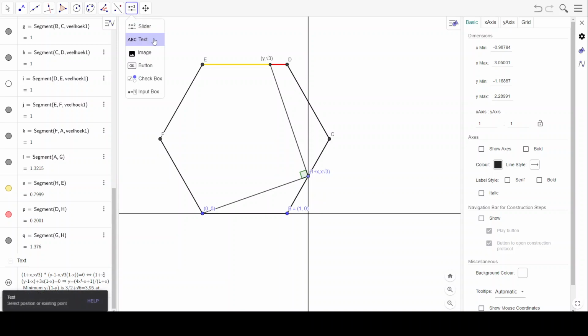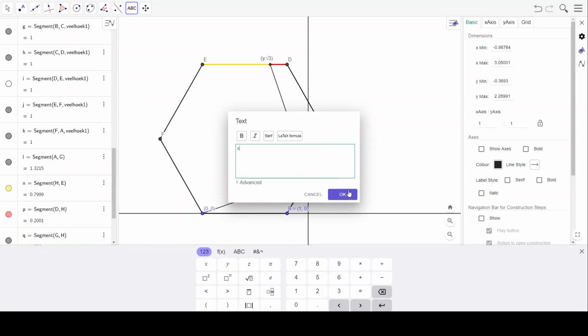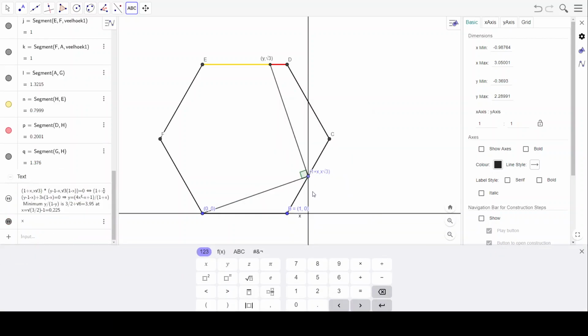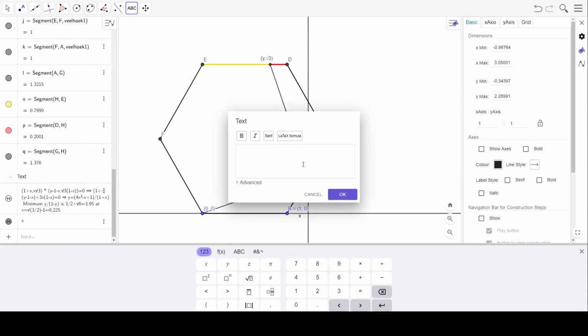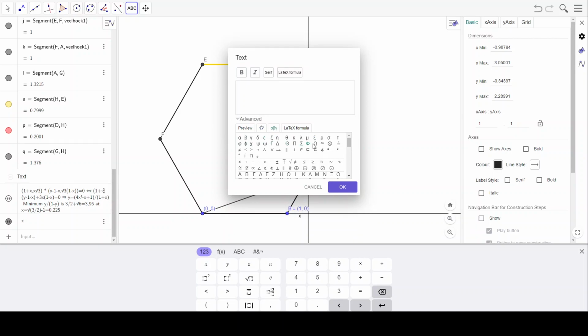If I say that this little side is x, then the vertical side will be the square root of 3 times x.